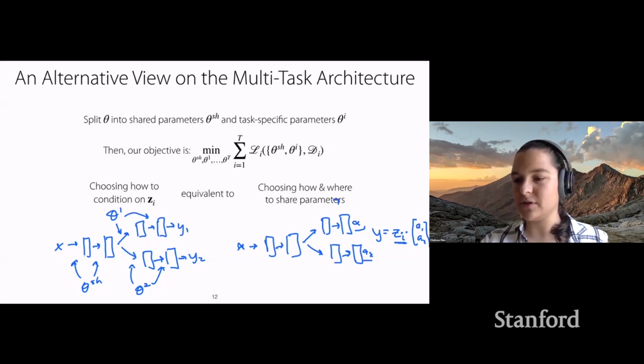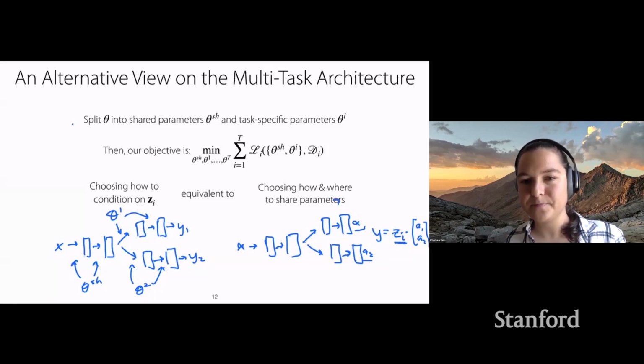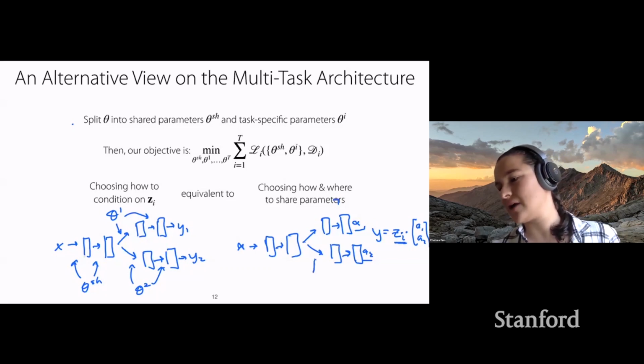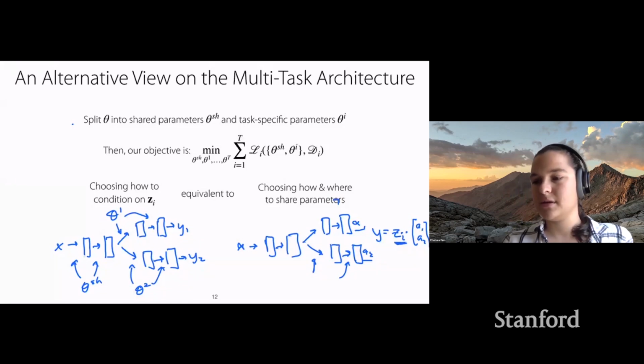And this architecture on the left is one way to view the top point of view, where you have shared parameters and task-specific parameters. And one thing is that on the right, it's not clear that these are actually task-specific parameters that are only optimized for task 2. That's a little bit less clear in this view, and a little bit more clear in the other view.